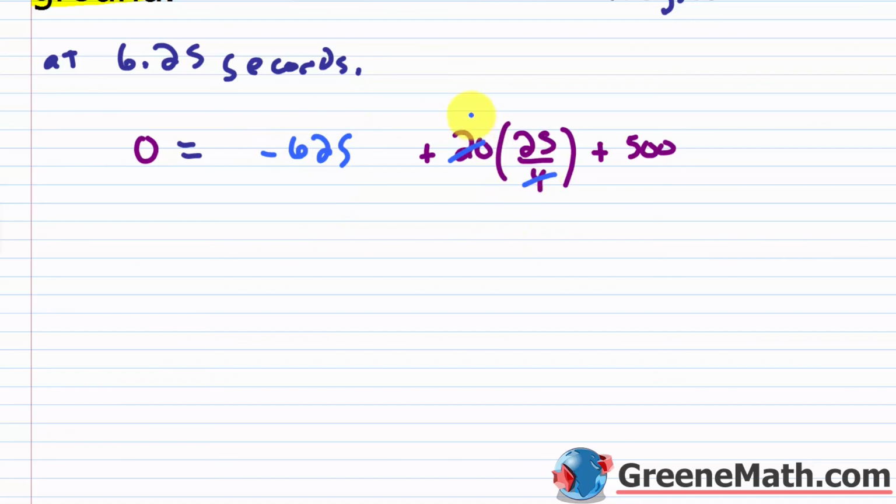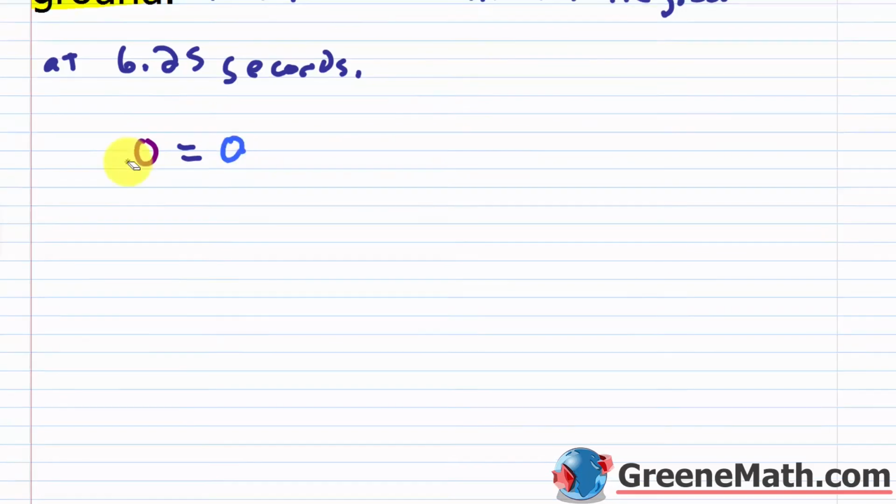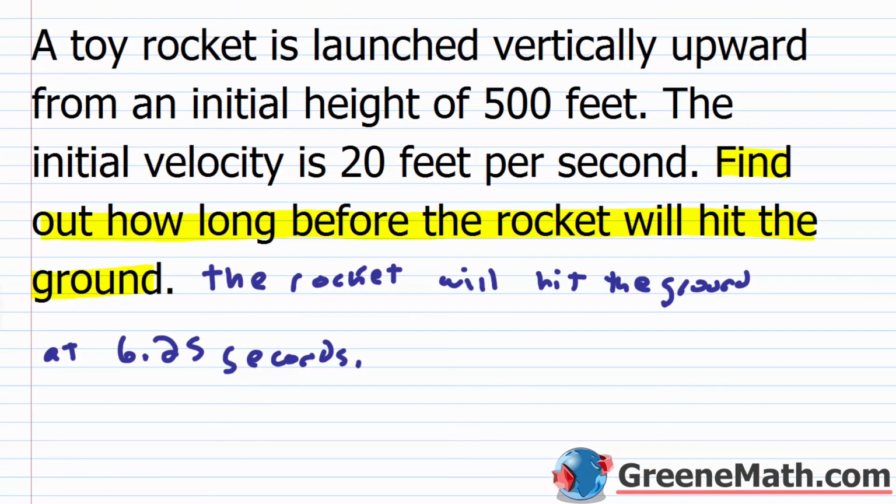This cancels with this and gives me a 5. 5 times 25 is 125. So basically what you have is 125 plus 500, which is 625. And then that's being added to negative 625, so that does give you 0, right? You end up with 0 equals 0. So this is consistent with what we're told in the problem. So we can say here that our solution is correct. The rocket will hit the ground at 6.25 seconds.